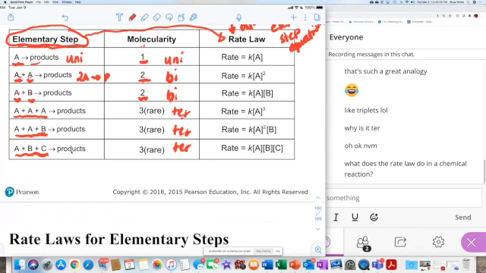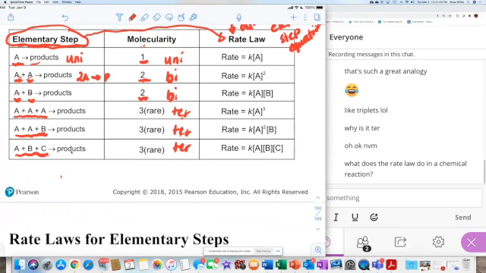I have to use a relay race scenario. In a relay race, you have many players, usually four, that are supposed to all run. All four have to run to complete the race. And each runner can help the group win, right? Some people run very fast, some people don't run very fast.